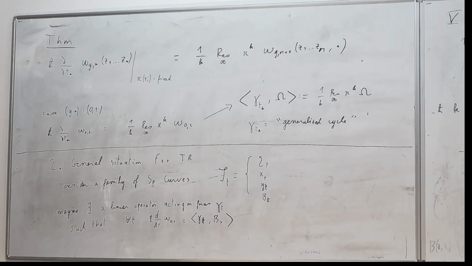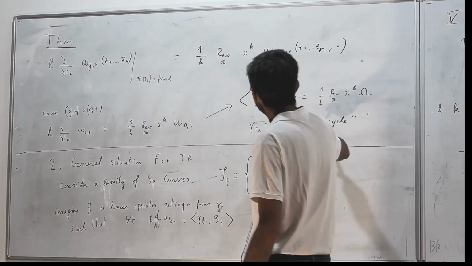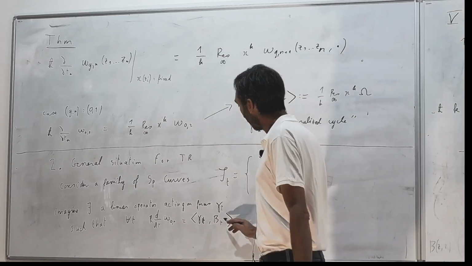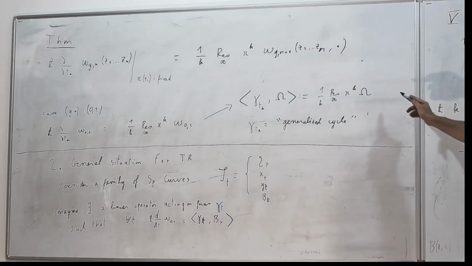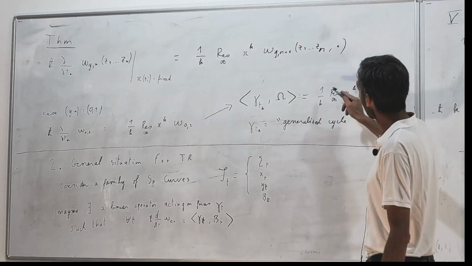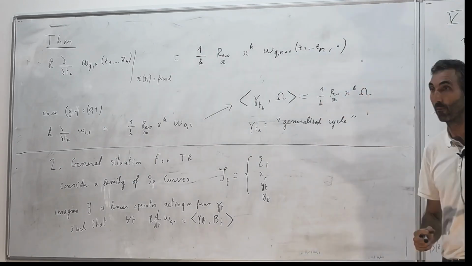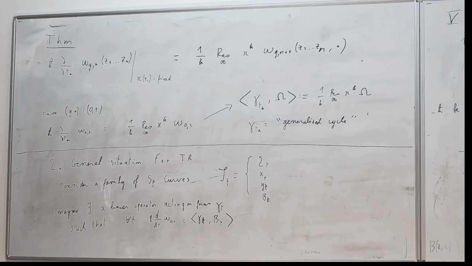It could be something which is not analytic at all, even analytic nowhere. Basically, generalized cycles are precisely those such that when you contract them with B, you get something meromorphic. Here, this is the case. This one is an example where you contract B with that, you get something meromorphic.